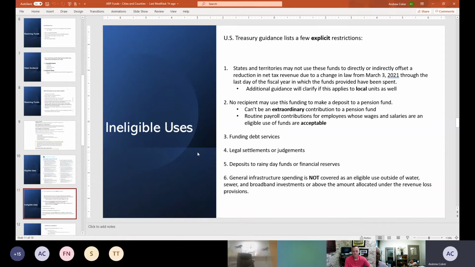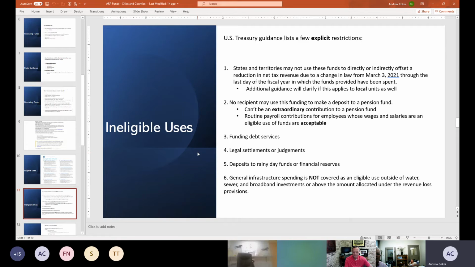Additional guidance will come out on that question, because that's a big one that Treasury has received back. I would say, let's just plan for it not being eligible, so we can be pleasantly surprised if it is, but I foresee it not being eligible for local units.